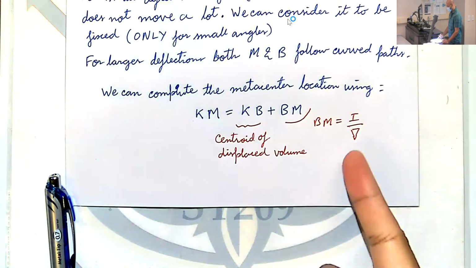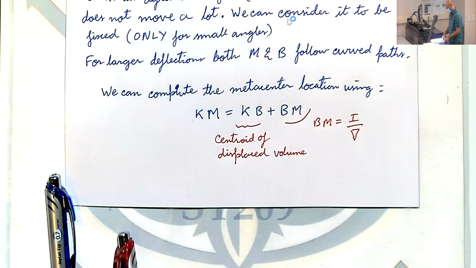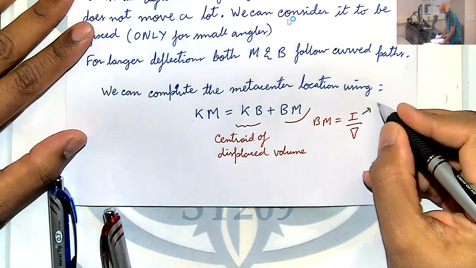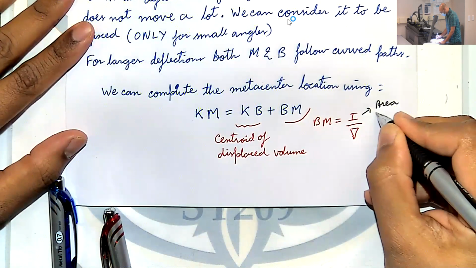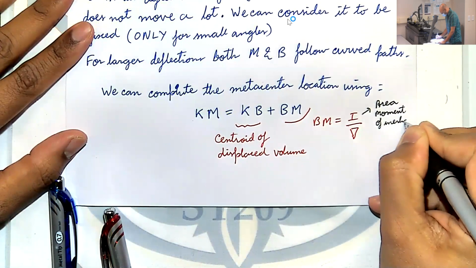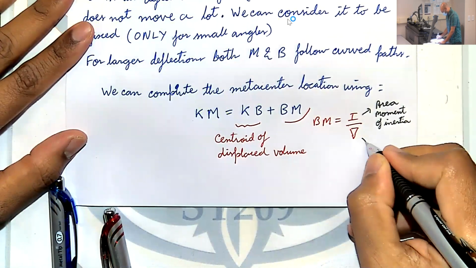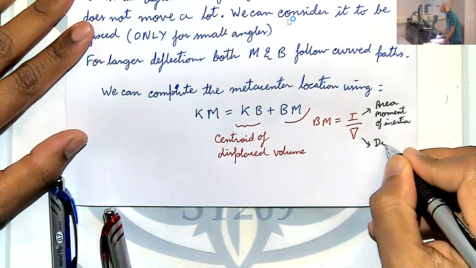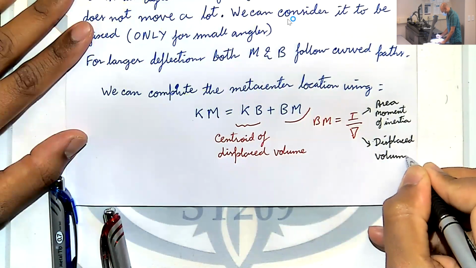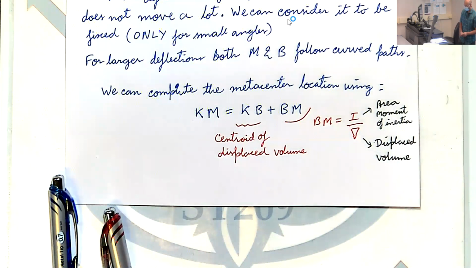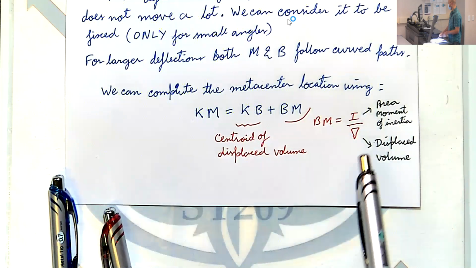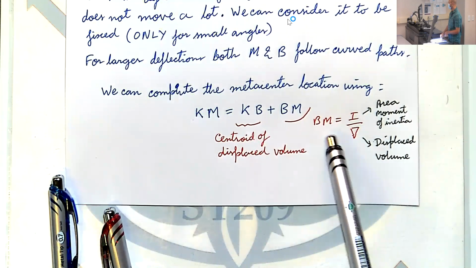And I'll show you why this BM is I over nabla. I in this case is our area moment of inertia, and nabla, of course, is the displaced volume. And that's what we've been learning, how to compute I, how to compute nabla. So we can basically use the knowledge we have to do all of this.